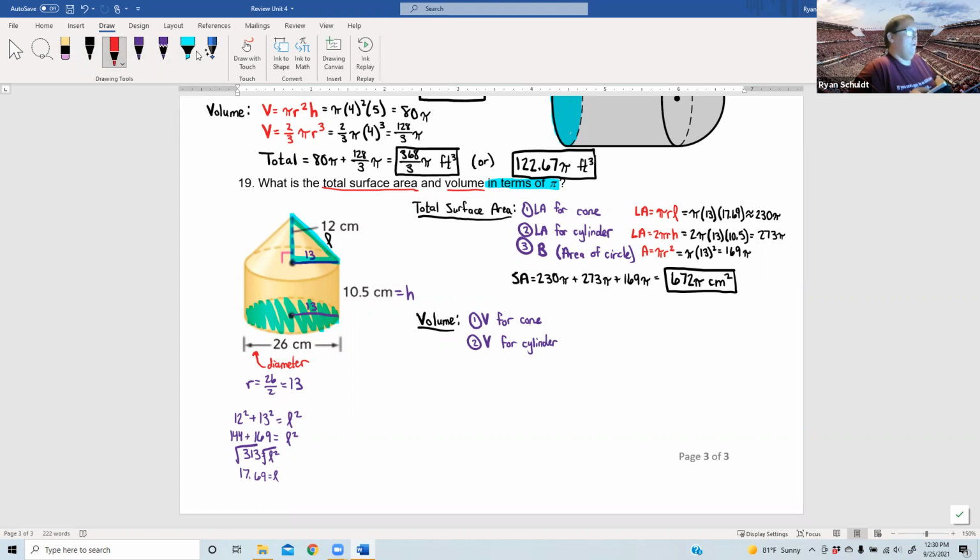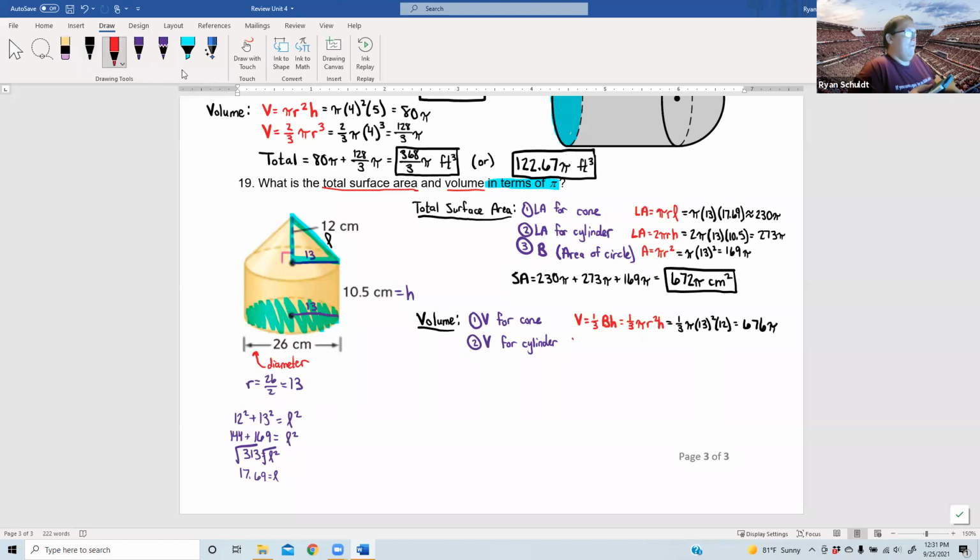Okay, so for a cone, volume is 1/3 big B times H, which you could really rewrite as 1/3 pi r squared times H. So if we plug in, because we know the radius and we know the height of the cone, 1/3 pi, the radius is 13 squared, the height is 12. It's going to get you 676 pi for that one.